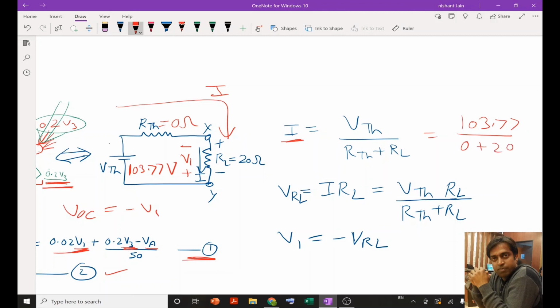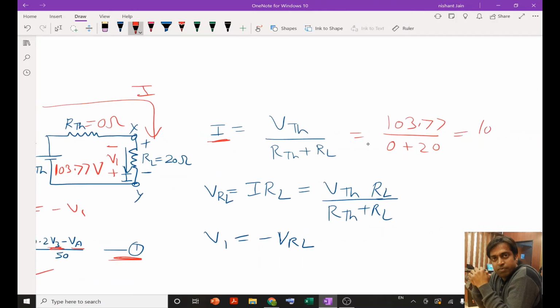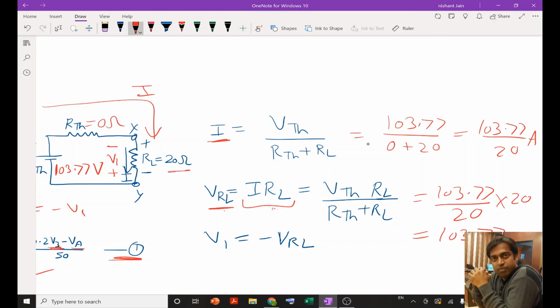So this will be my current, 103.77 upon 20 ampere. After that, to calculate this VRL, the voltage across this 20 ohm, I can use the formula I into RL. The value of I obtained is 103.77 upon 20, into RL, where the value of RL is 20. So I will get 103.77. This is my voltage across this RL.